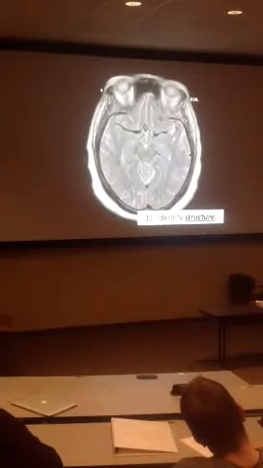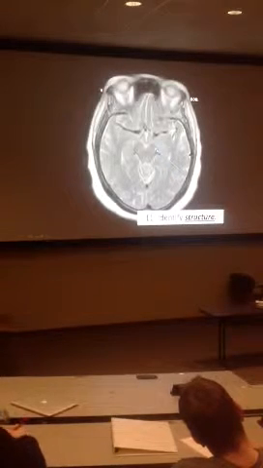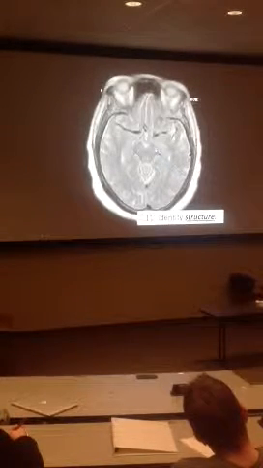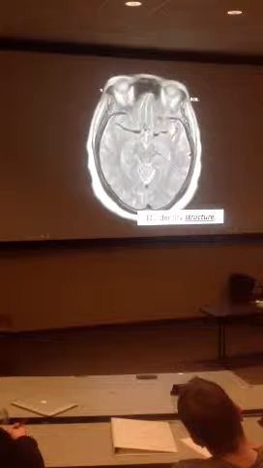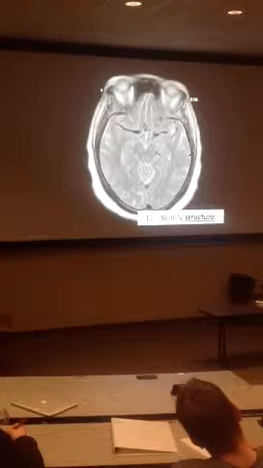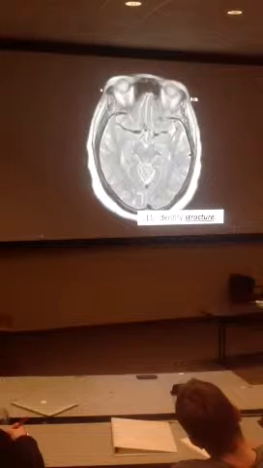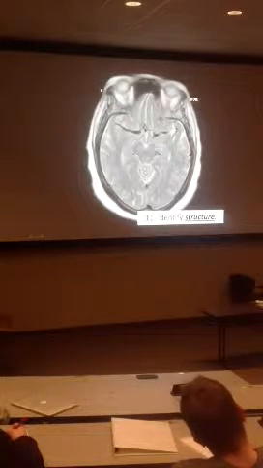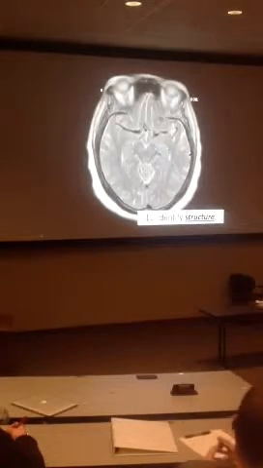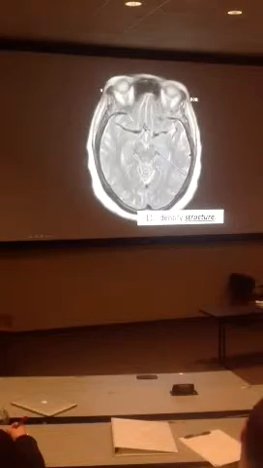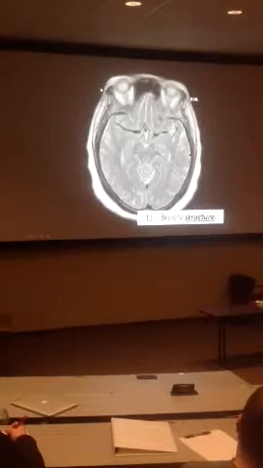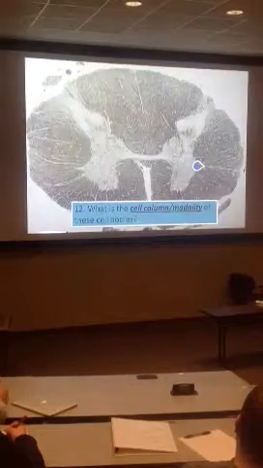And then what? I can never say that word. The topography or whatever. What is the topography going from medial to lateral? Face, arms, trunk, leg, right? So you start with the head, and then you go down to the bottom, to outside. Leg is lateral.